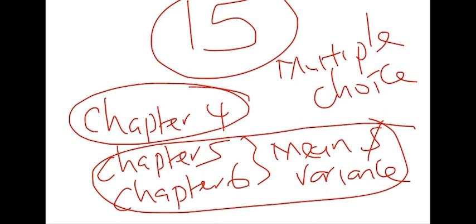Chapter 4 will be similar to something we did in exam 2, where you have a joint distribution, where I'm going to ask you to find the expected value of y, the variance of y, the covariance, and stuff like that. There's not going to be any serious work in chapter 5 and 6. It's just reading and knowing how to find the mean and variance of both discrete and continuous distributions.